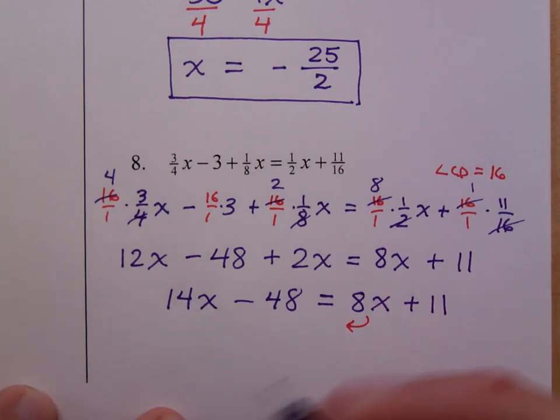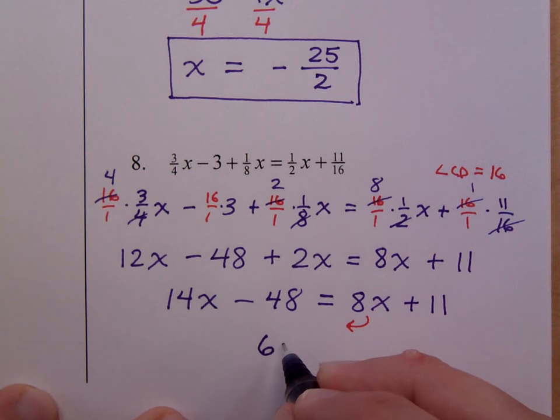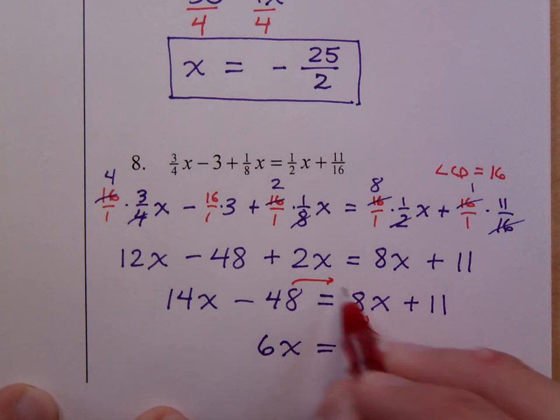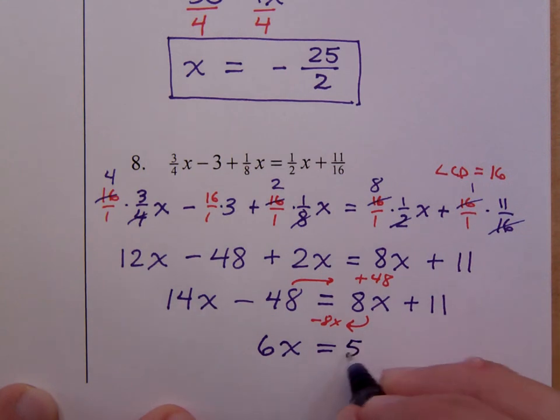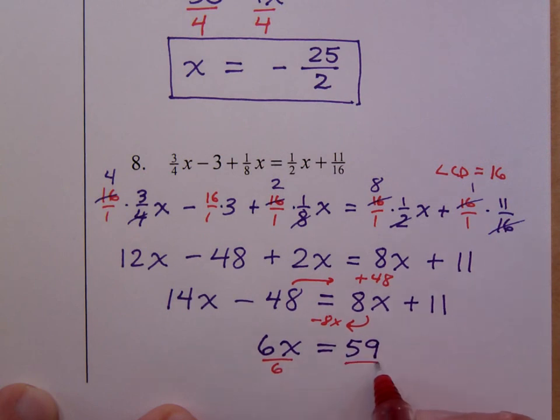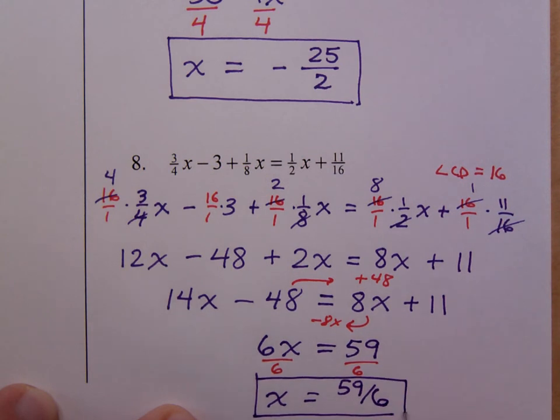When I do, I'm going to end up with 6x. Move the 48 to the right side, that's going to become a positive 48 over here. So 48 and 11 is 59. And then divided by 6. And I end up with this very wonderful answer, 59 over 6. It does not reduce, so it's kind of sad, but it is what it is.